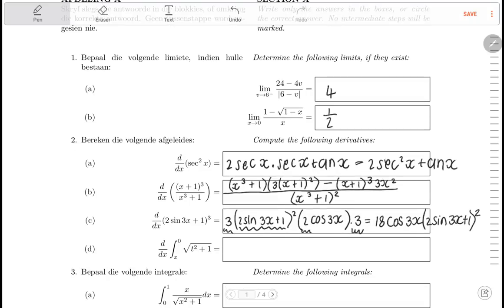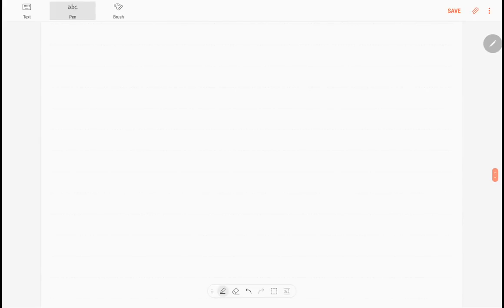Number D, we have the derivative of the integral from x to 0 of the square root of t squared plus 1. We are just missing a dt there. So what we are going to use here is the fundamental theorem of calculus. Let's write that down. So the fundamental theorem of calculus, or a part of it, says the following.